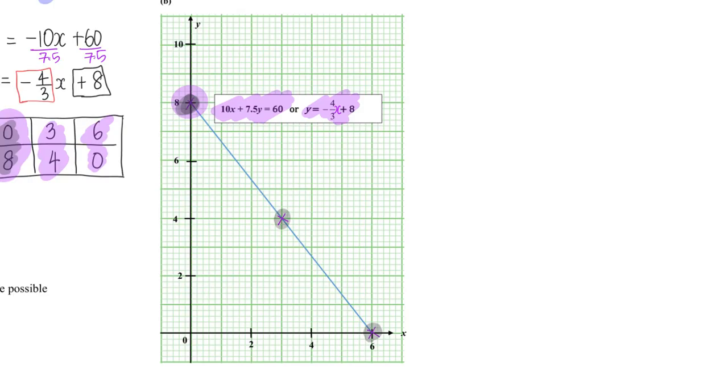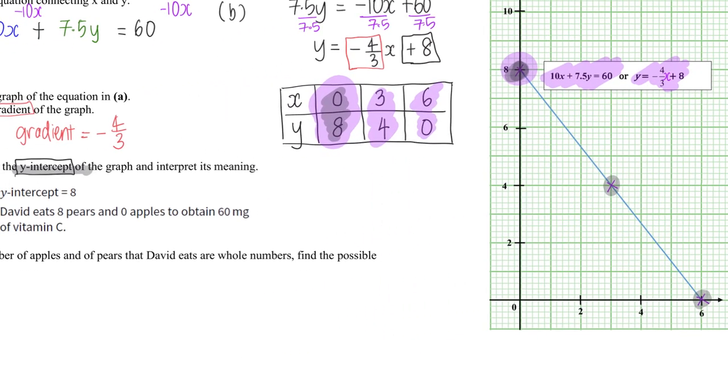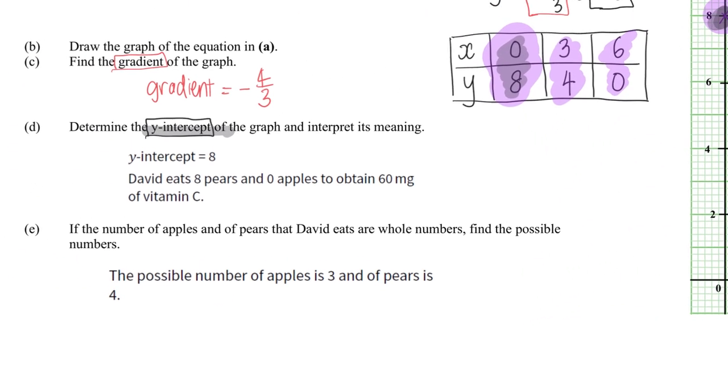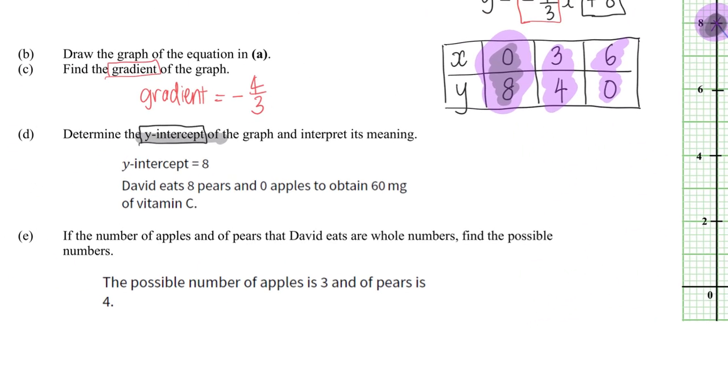This is also another possible. And actually these 3 are the possible answers. One possible answer is 0 apples, 8 pears, another is 6 apples, 0 pears.